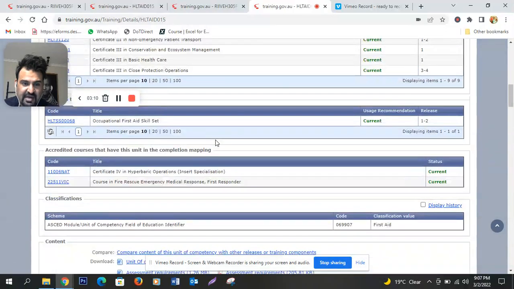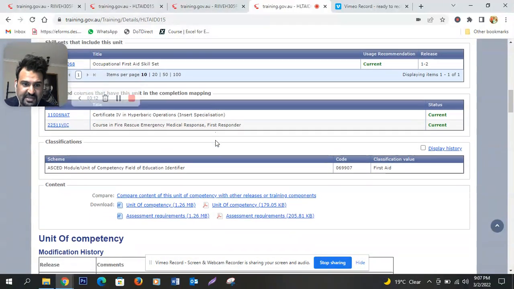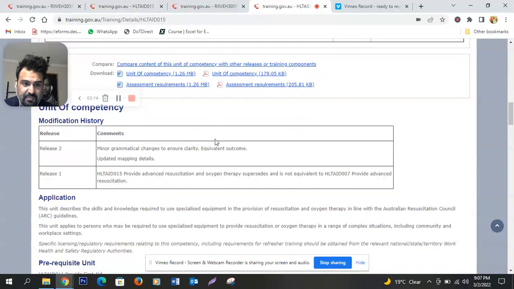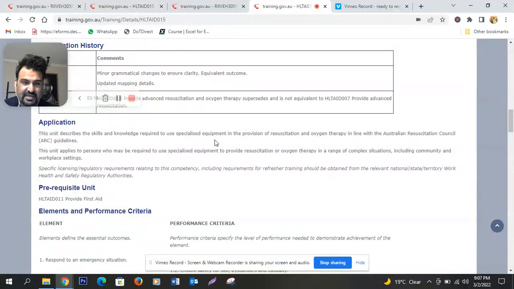Then we go down all the way and we want to see whether the unit of competency has any prerequisite or not. In this particular case, we can see that HLT8011, which is provide first aid, is the prerequisite for this course. What does it actually mean?